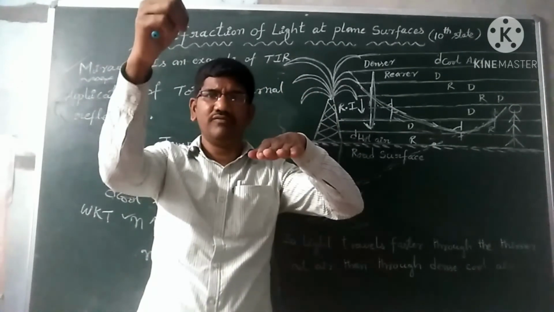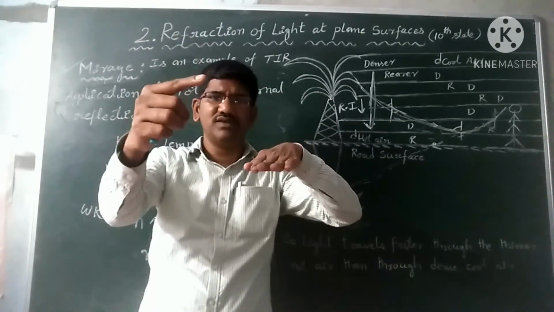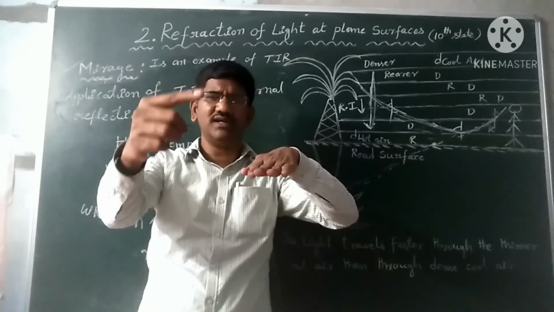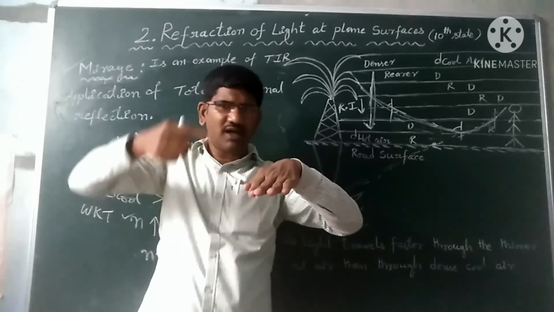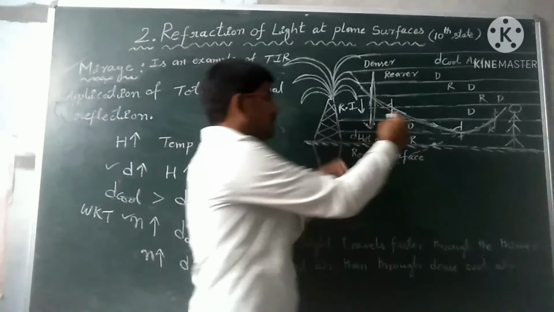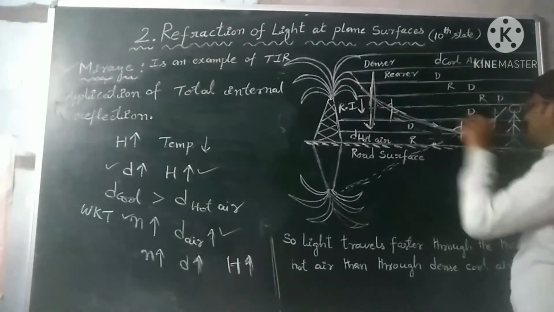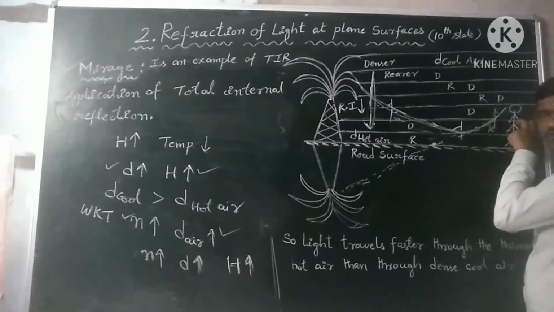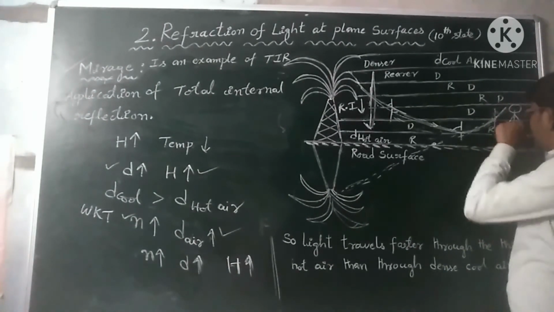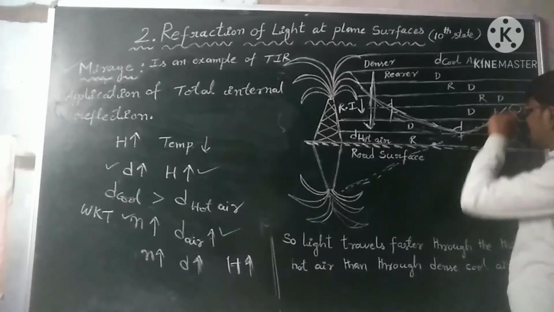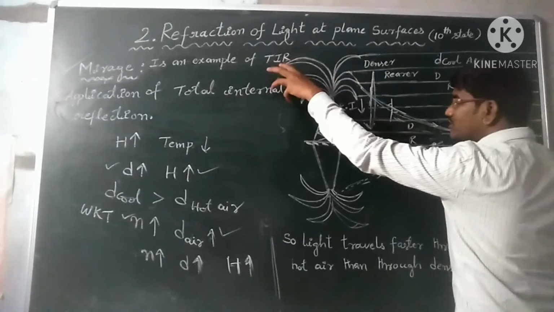So the light ray from the trees in the desert comes along a curved path and reaches our eye like this. The light rays from the trees in a desert. If we are here in a desert, going on a camel, we are on the camel and the camel is walking. We are here and there are some trees in the desert.